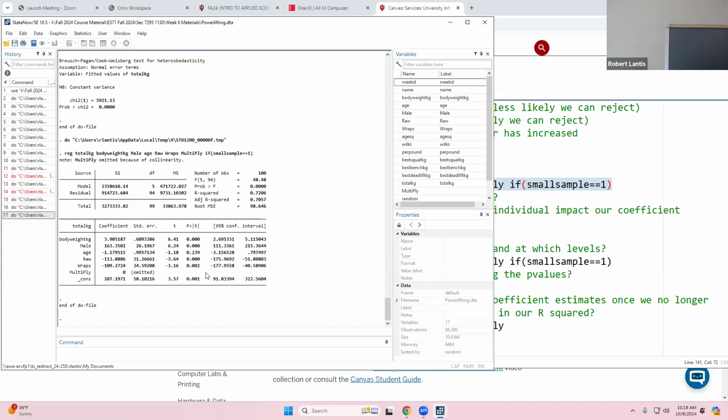Yep, right? When I'm making these predictions, think about how I'm making them. Let's assume we're looking at the same lifter with the same body weight. They're either male or they're not. They're both the same age, but the only difference is one of them is in the raw meet category and one is in the wraps meet category. The predicted value would be exactly the same, except I'm adding in the raw coefficient to one and the wraps coefficient to the other. So what's the difference between the predictions?